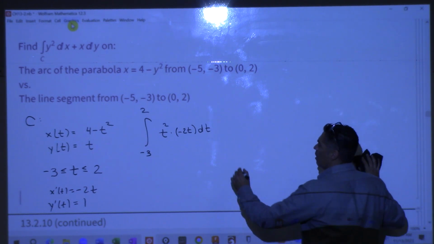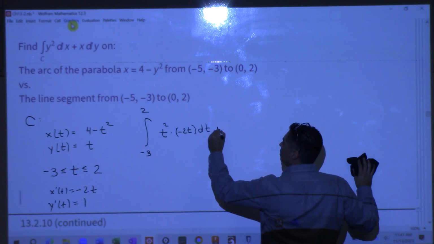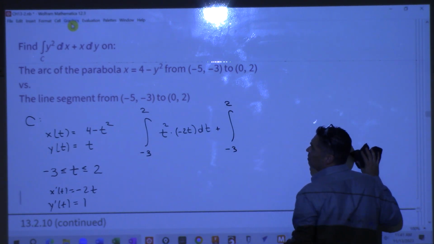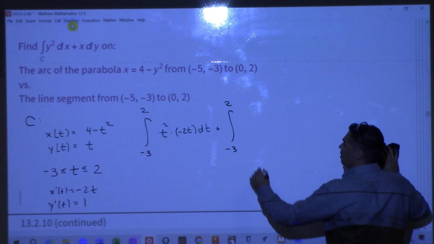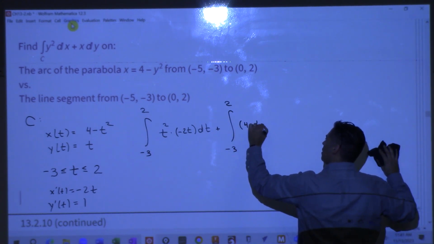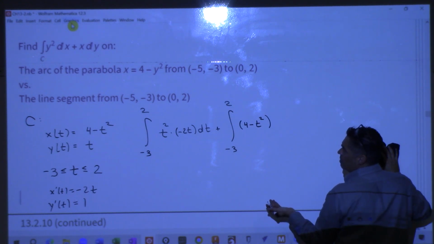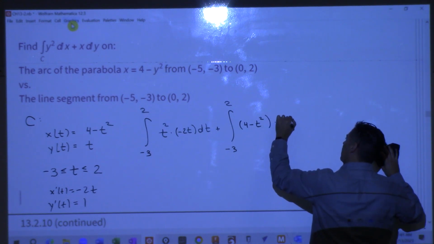And then plus, let's do a new integral. Negative 3 to 2 of x. What's x for us? 4 minus t squared, and then dy, which is 1 dt.